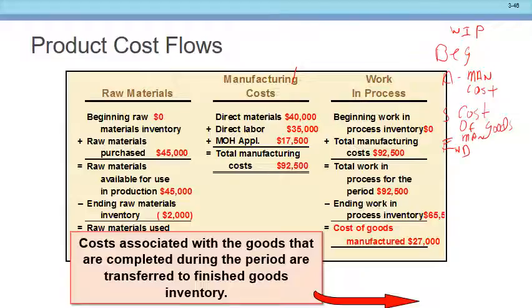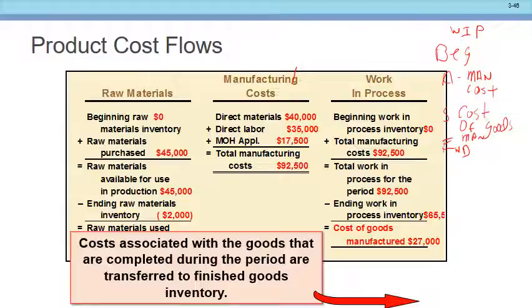You can then analyze any question using that BASE approach. Sometimes they'll ask what the ending balance in work in progress is. Well, that's easy. But sometimes the question will ask what the manufacturing cost for the period was. Well, you're going to have to go back up and figure out the add. If they ask what the cost of goods manufactured was, you're going to have to figure out the subtract in that equation, aren't you?